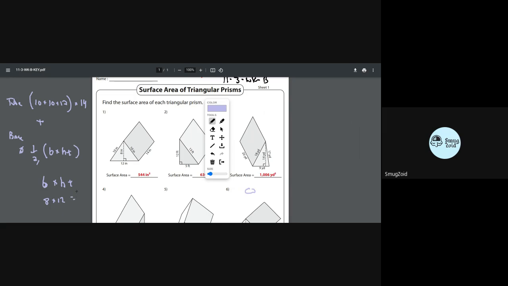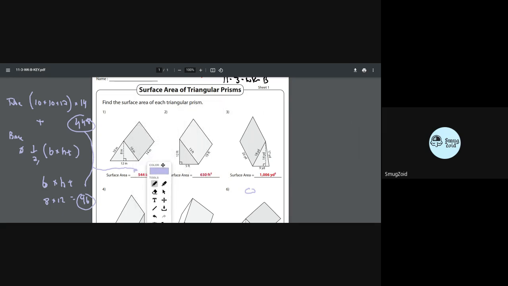Now, you can do the calculator strokes, but if you're not adding 96 to your answer up above, in the case it'd be 10 plus 10 plus 12 times 14, this is 448. You must add these together to get the 544. See, a lot of people just have this and they don't have the base. That's going to mess you up, okay?